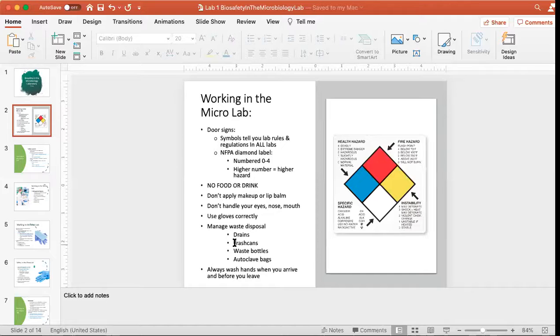We have to be careful about putting things in trash cans. We have to know where waste bottles are, hazardous waste bottles, and we need to know how to put things into them and what goes into them. We need to know what needs to be autoclaved. And if you're not familiar with that term, we're going to talk about that in this course.